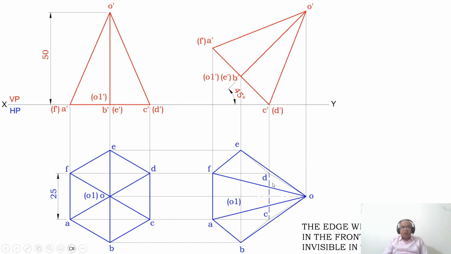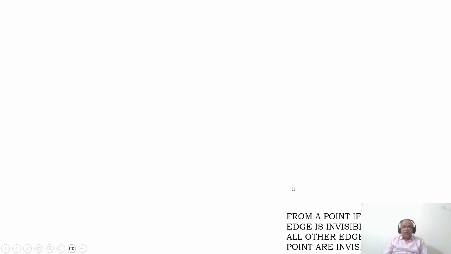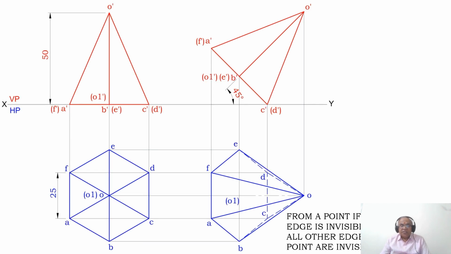Still we have pending the edges D to E, C to B, C to O, and D to O. To do that, from a point, if any one of the edges is invisible, automatically all other edges from that point are invisible. So what does it mean?